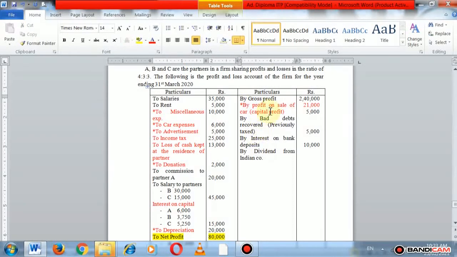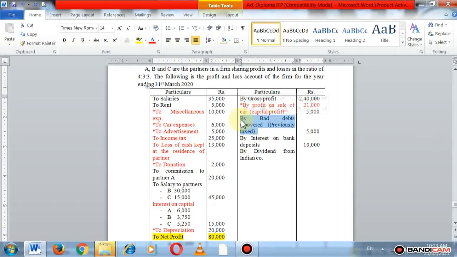Then bad debts recovered, previously taxed. Okay, so bad debts recovered means in last year some bad debts were incurred in the business and it was not allowed as a business expenditure in the previous year. In the previous year bad debts is not allowed as a business loss.